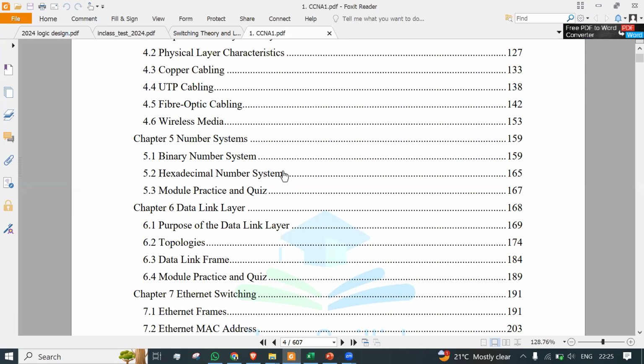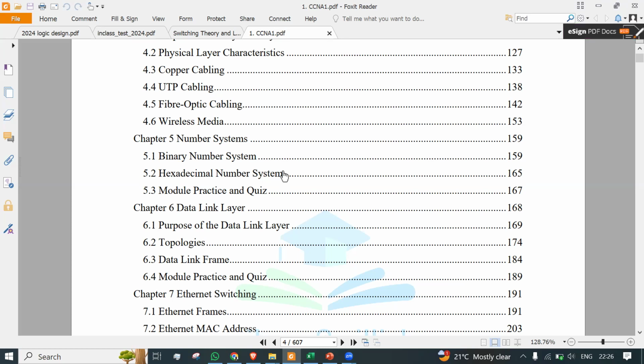But as humans, we understand decimal: 1, 2, 3, 4, 5. There is a need for conversion between the numbers we understand and the numbers our computers understand. So basically chapter 5 will take you through that. How do you convert from decimal to binary, from binary to decimal, from hexadecimal to binary, and much more.